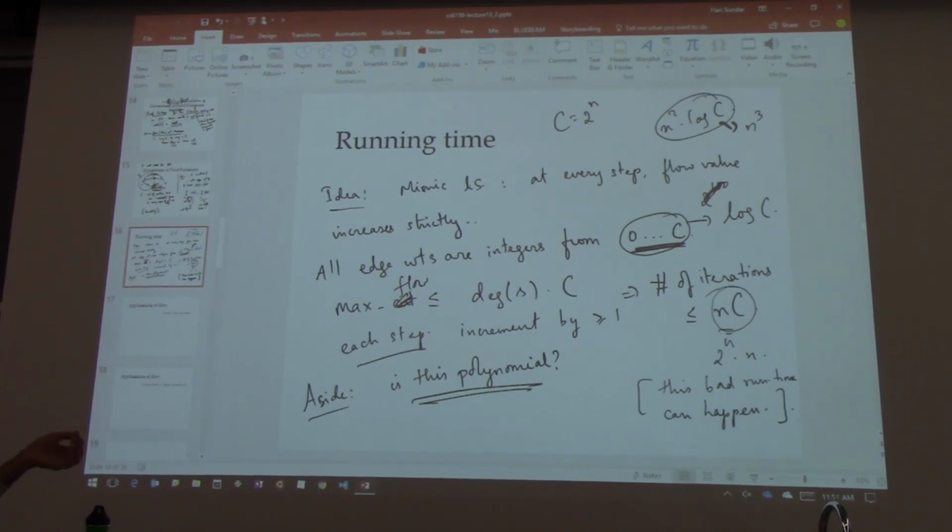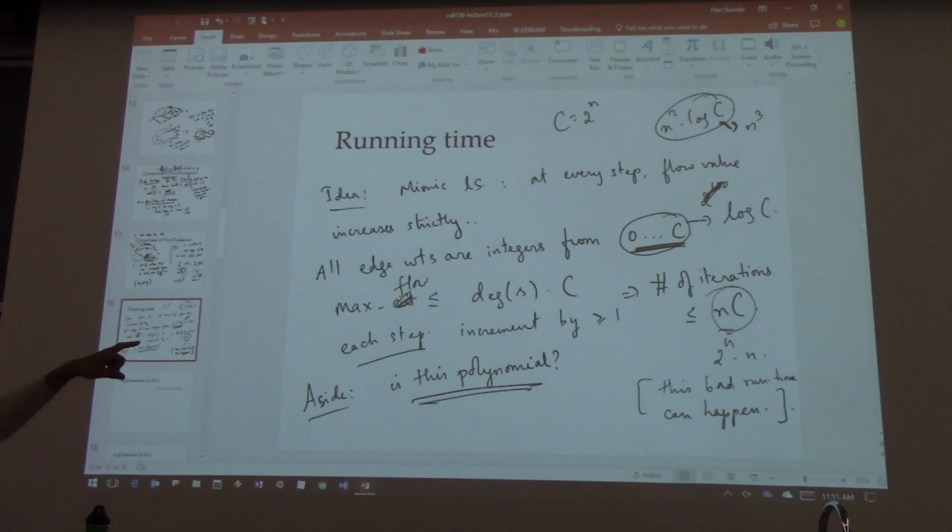Maybe I should say the way to get around this. Do you remember this discussion, or should I summarize it again? Last time we tried to see how long this algorithm can take.